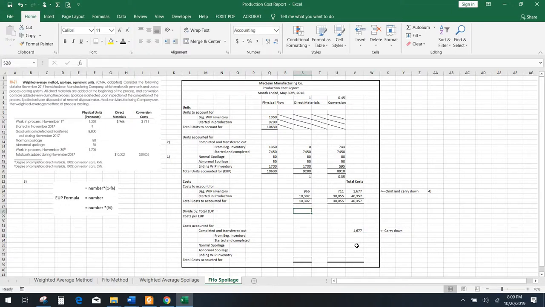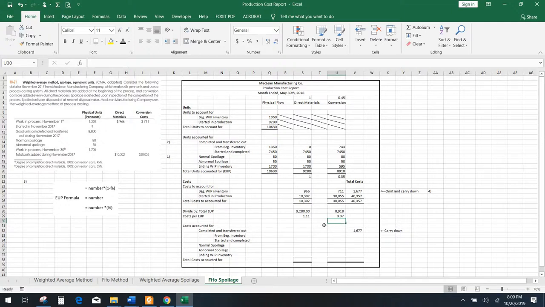The total EUP is equal to this. This is equal to this. So cost per EUP equals this divided by this, and this equals this total cost right here, divided by total EUP.